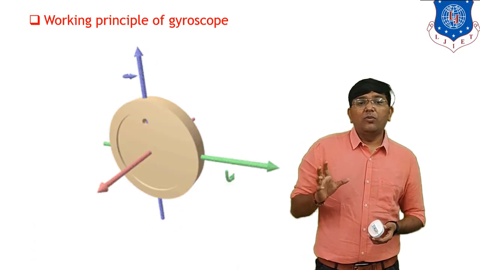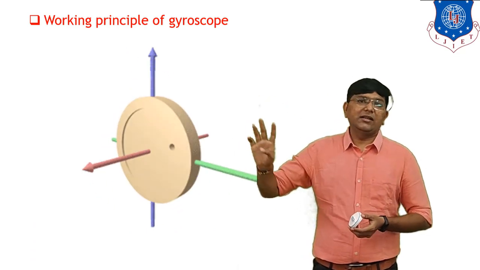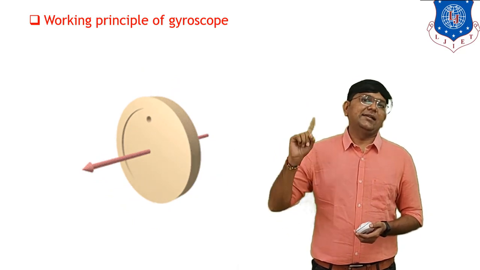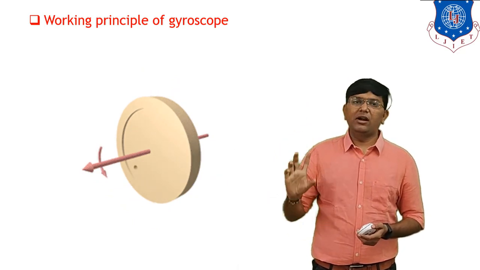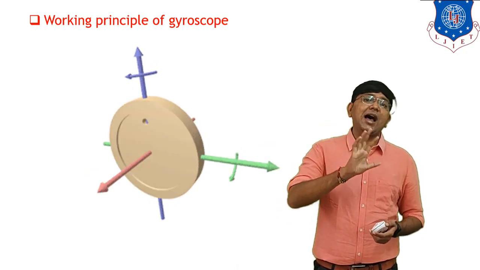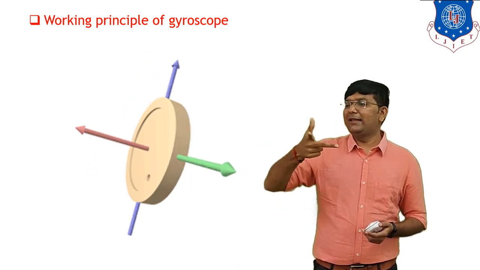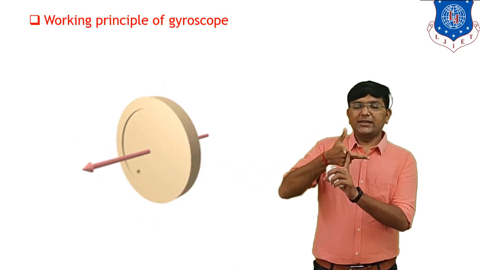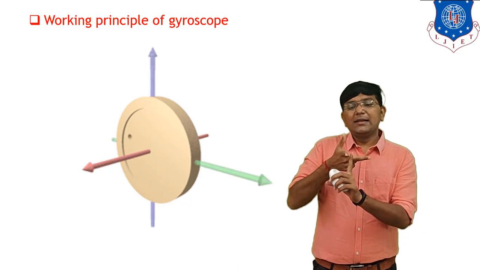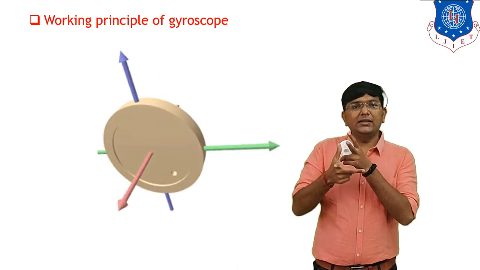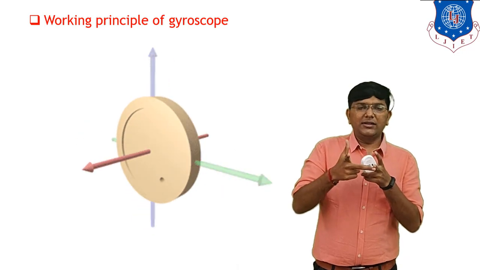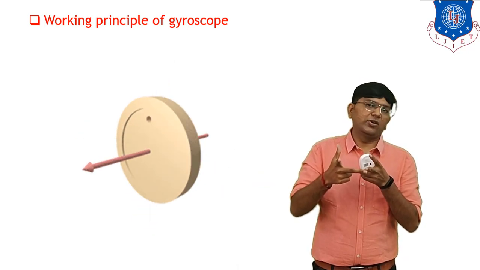In gyroscope there are three axes. First is the axis of spin, second is the axis of precession, and third is the axis of gyroscope. All the axes are at right angle to each other like this. First axis is the axis of spin; in the axis of spin one rotor is rotated. The second axis, that is the vertical axis, is known as the axis of precession, and the third axis is the axis of gyroscope.